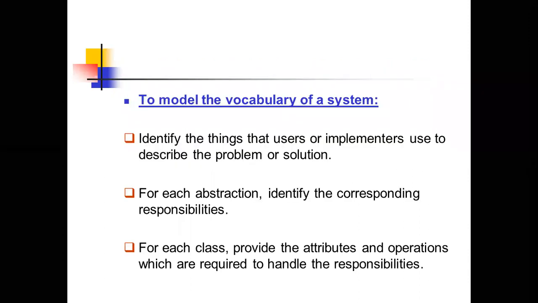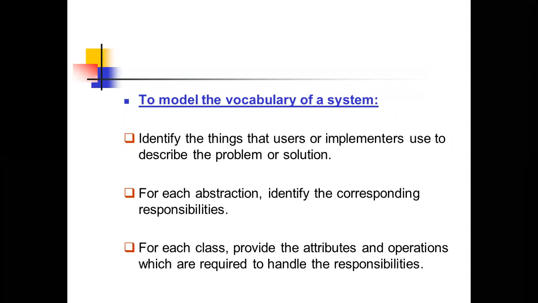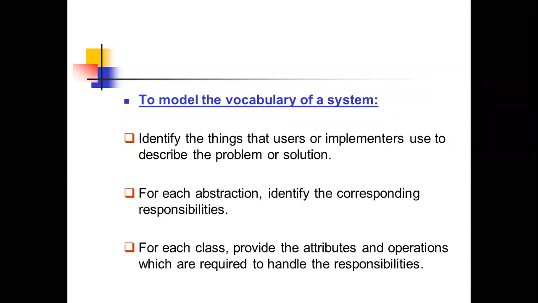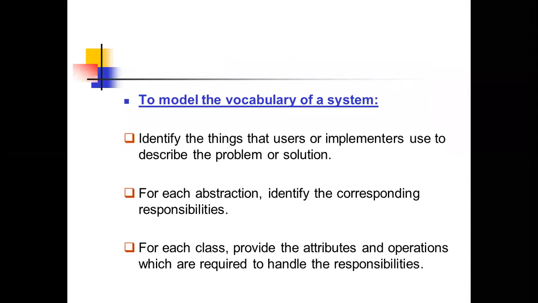So to model the vocabulary of a system, we have to identify the things that users or implementers use to describe the problem or solution. We have to identify the things that the user describes in the problem definition or solution. For each abstraction, we have to identify the corresponding responsibility.